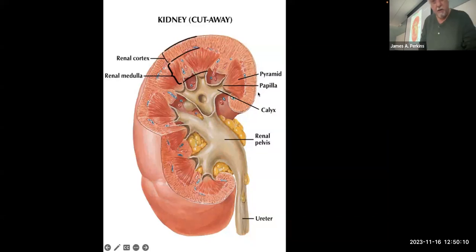So you see that hole back there, that's a minor calyx flowing into one of the major calyces. That would represent a pyramid that's facing away from us in the back of the kidney in this view. So good question.